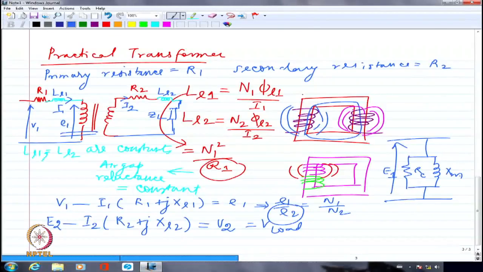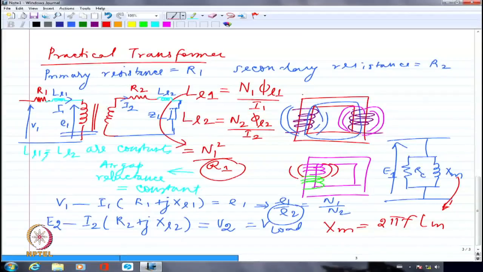So if I say this Xm is equal to 2 pi f Lm, that's what I would say as Xm. Now Lm can also be represented by N1 multiplied by phi m divided by the magnetizing current. I hope you understand.